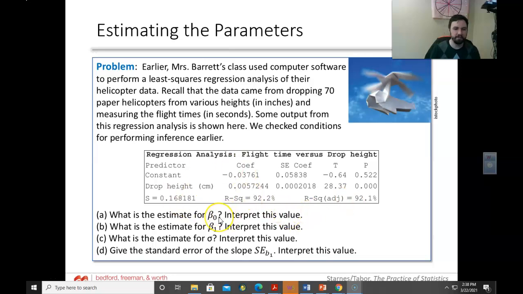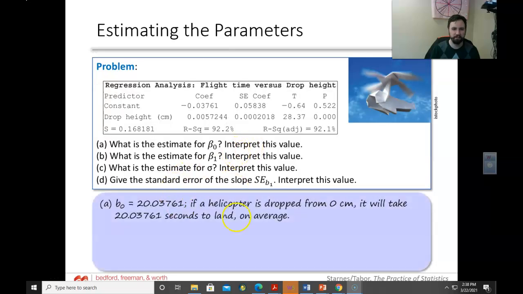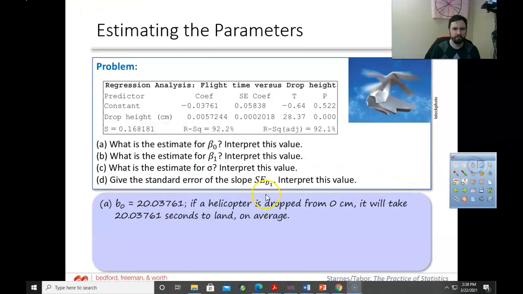So what's the estimate for my y-intercept according to this data right here? Well, it would be our constant. We got 20.037. I had to go fix that. That's not 20.